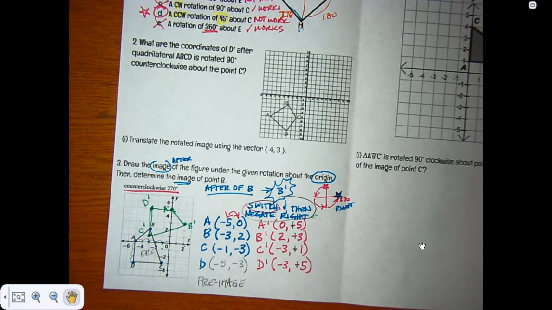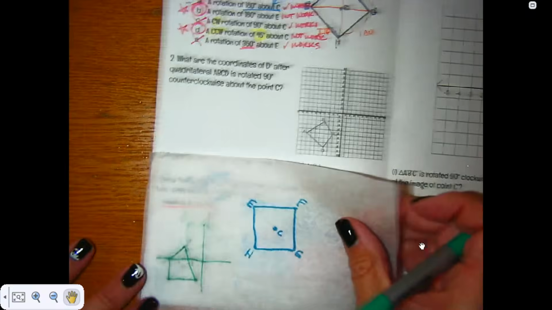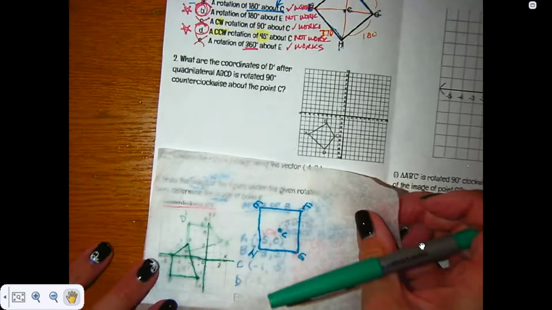Now remember, you could take your patty paper and check this, right? So I could have traced my XY axis and my original picture. Try not to be too sloppy when you trace, because then it's going to be hard. See how I got just my axis and my original figure here? Now, since it's around the origin, I'm going to have to hold it at the origin, and I need 270 counterclockwise.